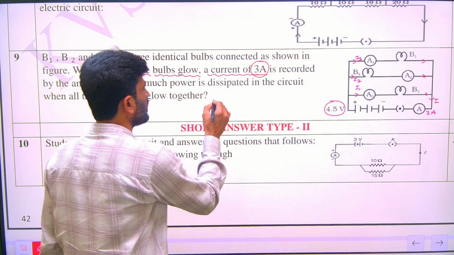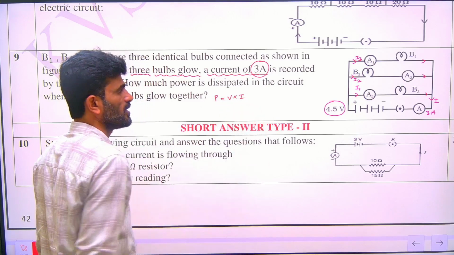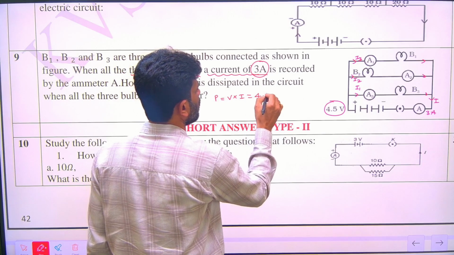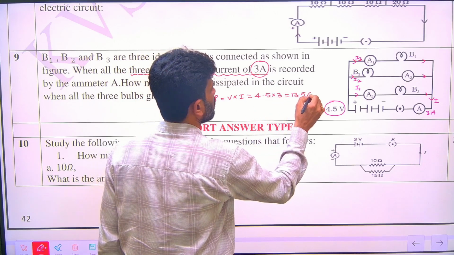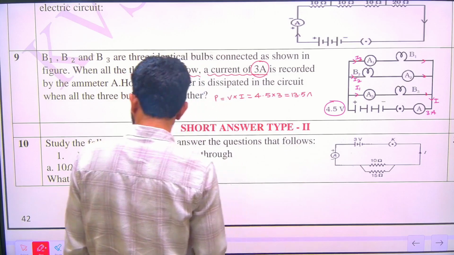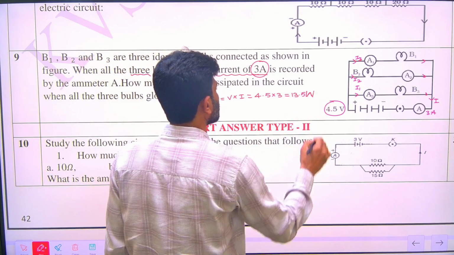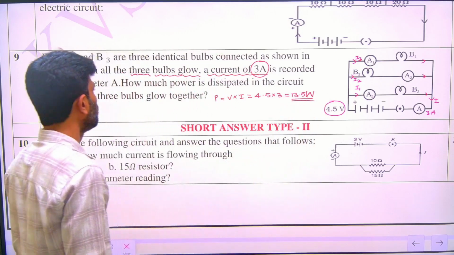So what is the power formula? Power is equal to V into I. So it is 4.5 into 3, which is 13.5 watt. That is not amperes, the unit of power is watt. So 13.5 watt, overall power.